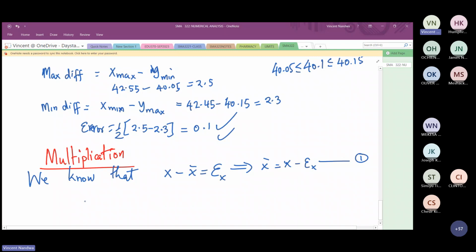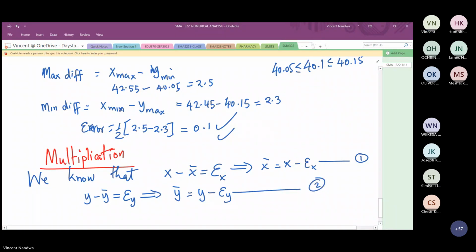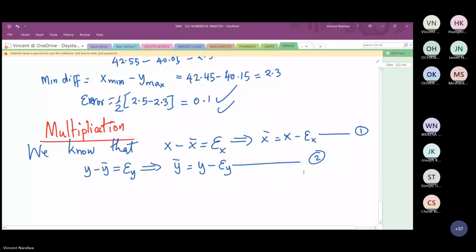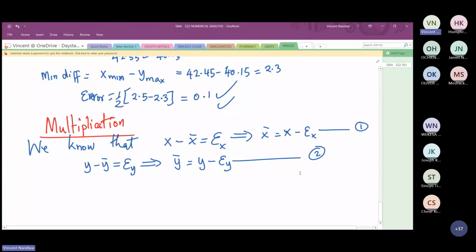And similarly, if you take ȳ and subtract y, you must always get the error in y. Which tells you that the approximate value ȳ is nothing but y minus the error in y. So we call this one equation 2. Then, because we are dealing with multiplication, we are going to multiply equation 1 and equation 2.